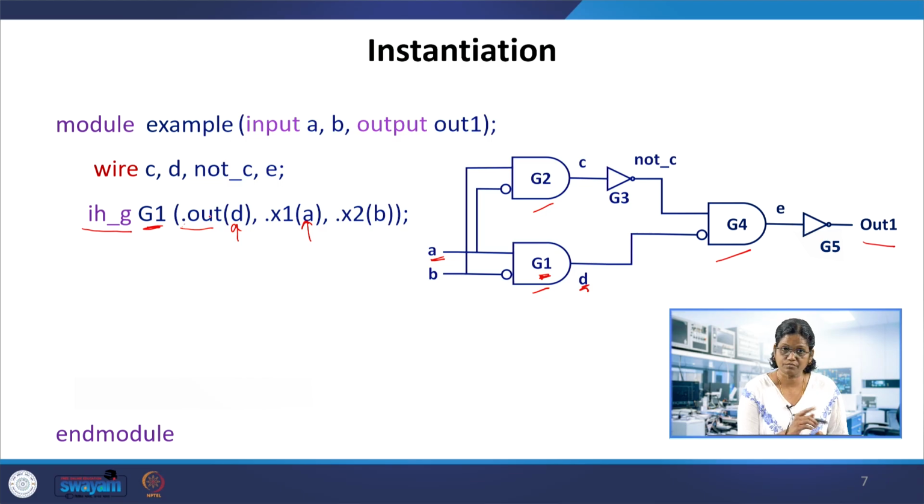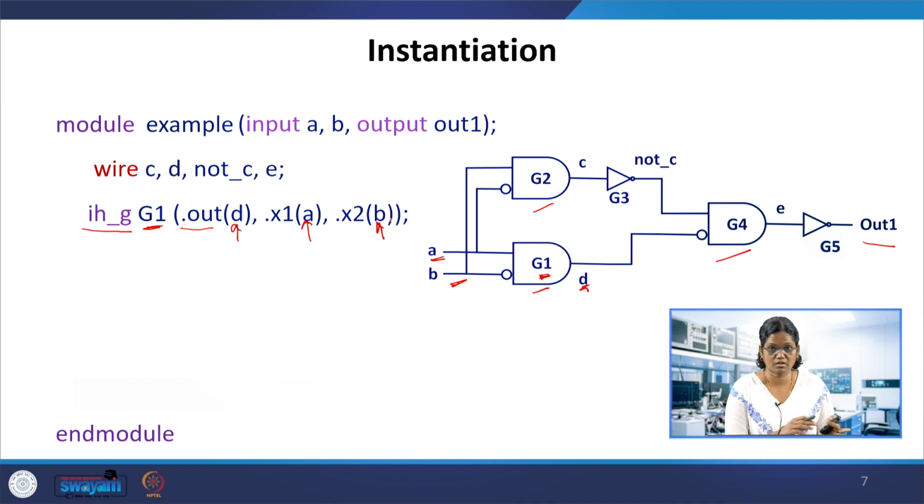The format is dot port name and a local expression: dot x1 and A, and in this case dot port 2, that port name is x2, which is B here.